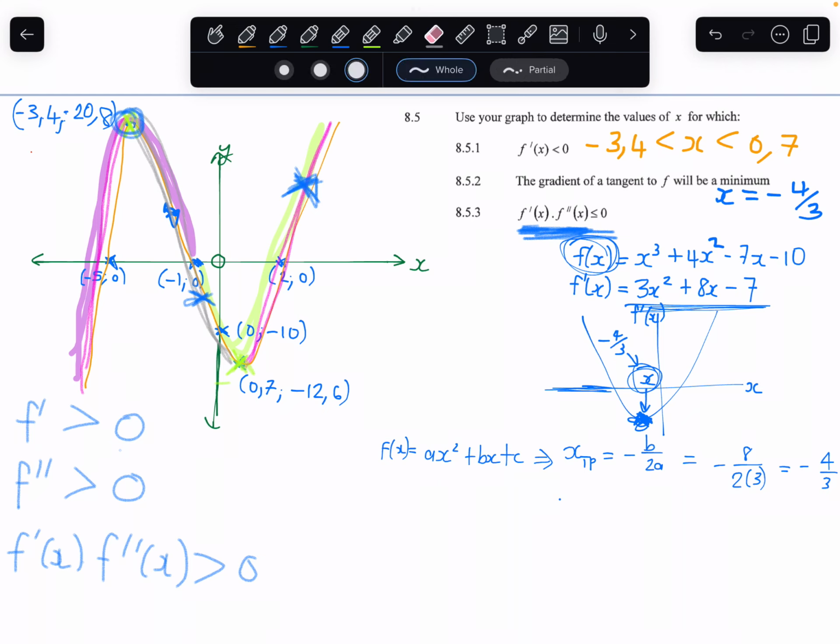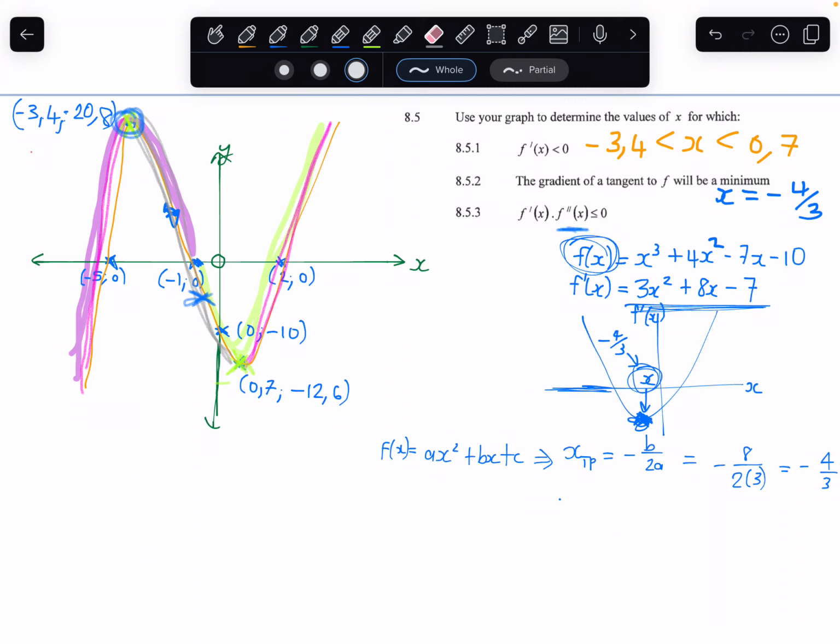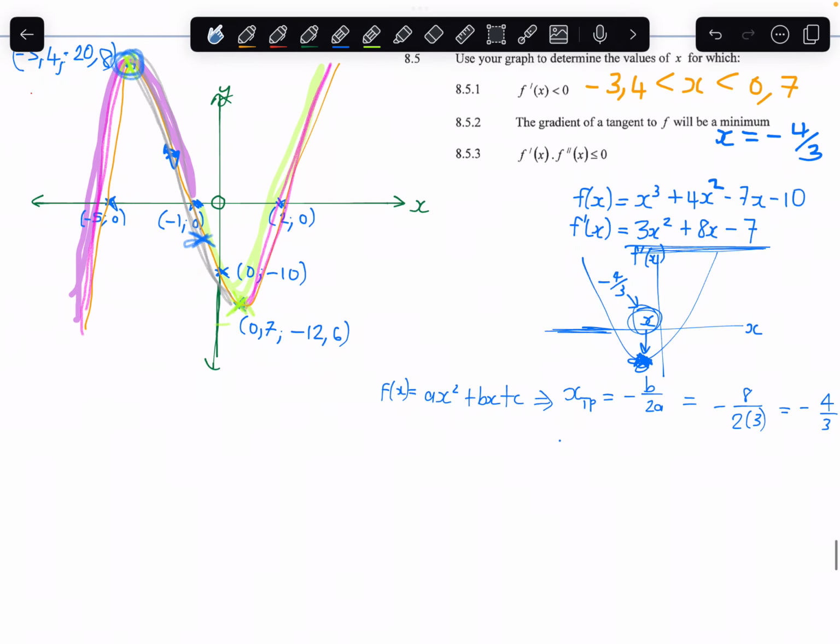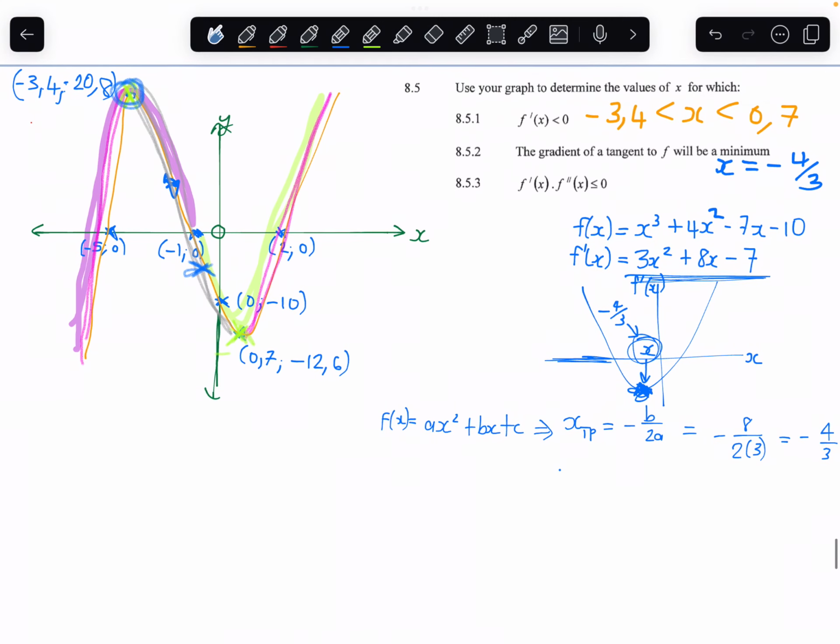Okay, so now that we've gotten a feel for what's going on, let's try to formalize what we're saying. In order for f prime times f double prime to be smaller than or equal to 0, we need, okay, I'm just going to experiment with writing it a certain way. I don't know if it's going to work out. Let's see.